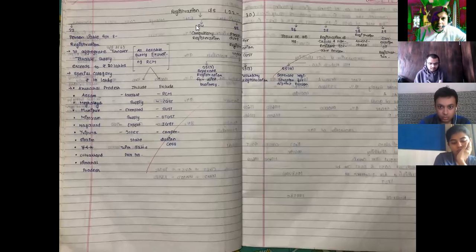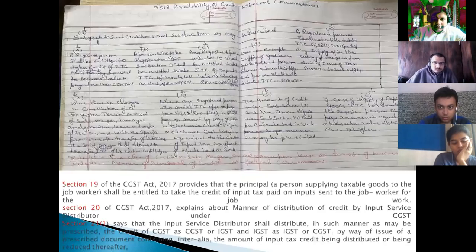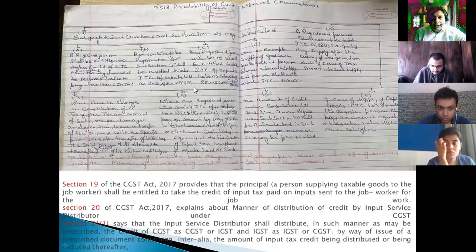Here we have sections 22, 23, 24, 25, 26, which we are going to see in tomorrow's lecture, so that you will understand how registration takes place. Subsection 3 says he shall be entitled to take ITC for input held as stock: raw material, work in progress, as well as finished goods.